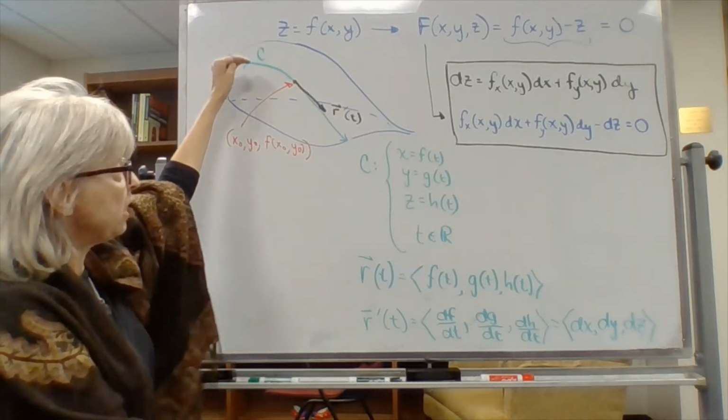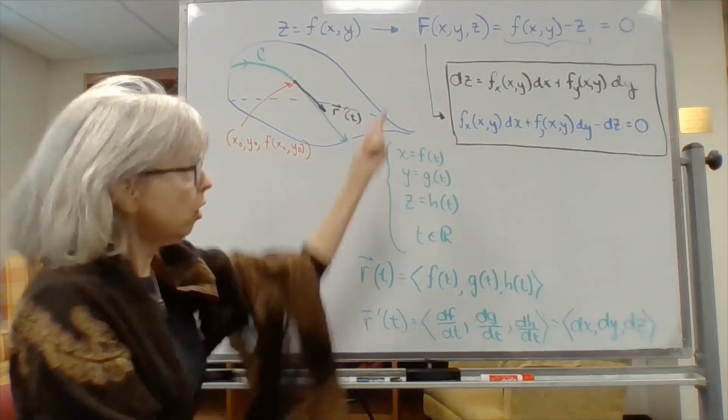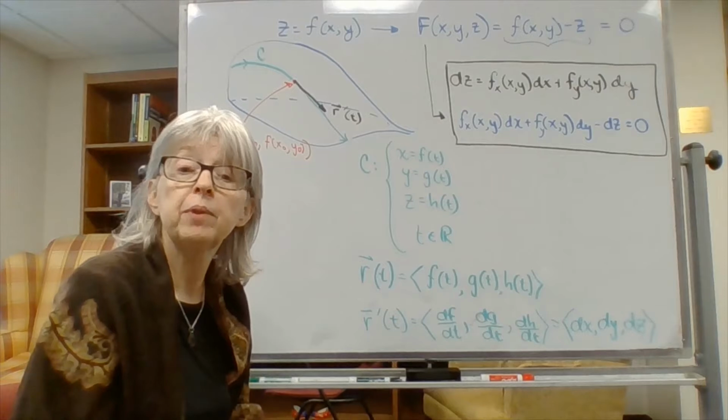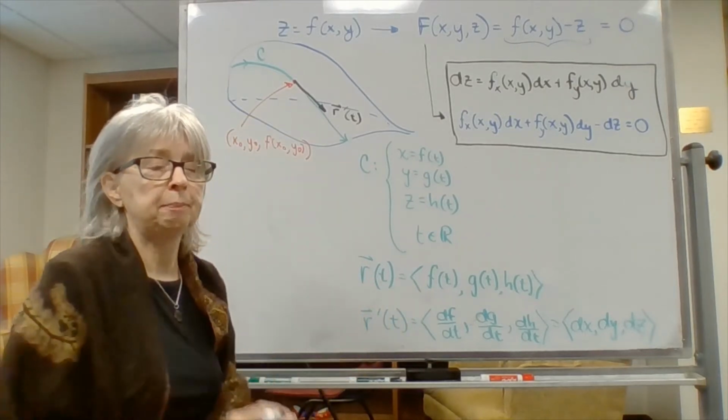So everything on this curve that I drew through my chosen point also satisfies that equation up there, because this curve lives on my surface.